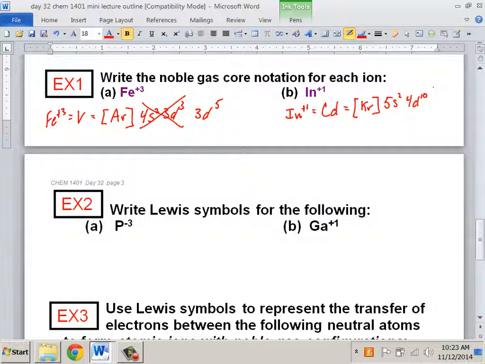Write Lewis symbols for the following. Write these electron dot formulas for phosphide and gallium 1.